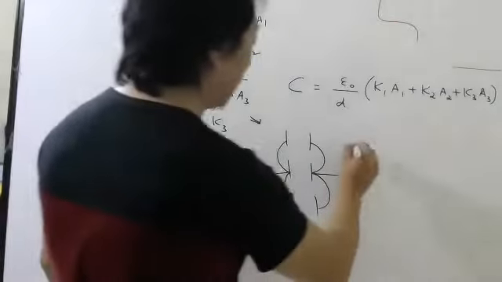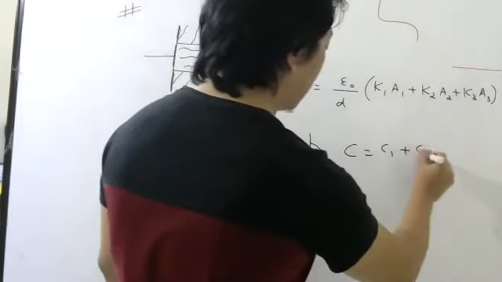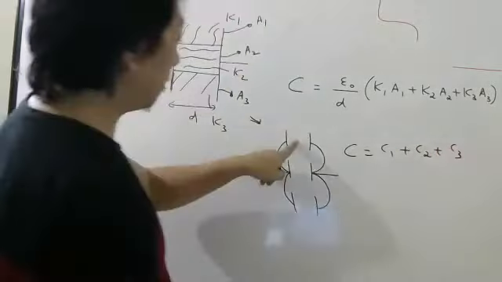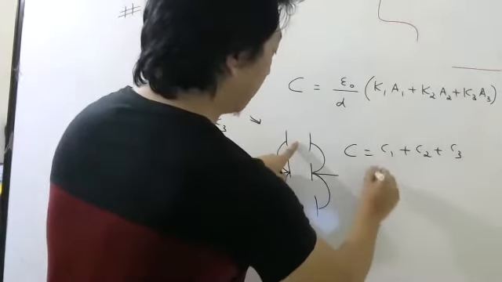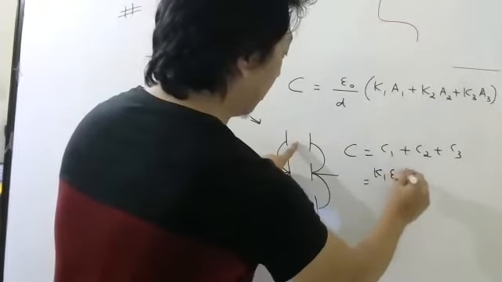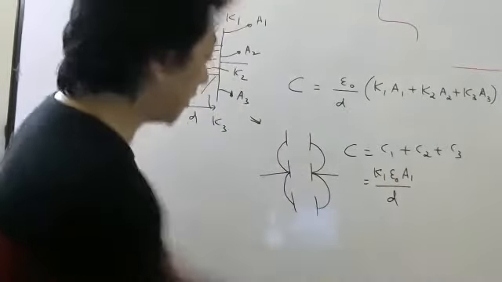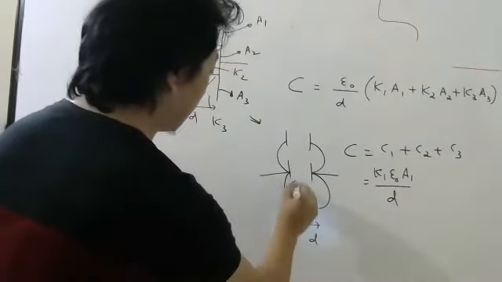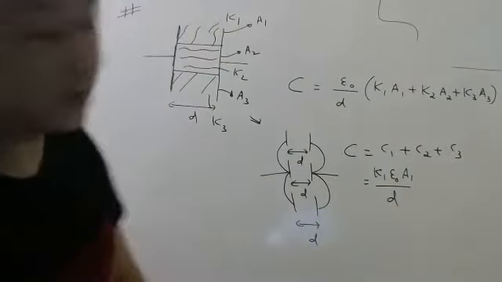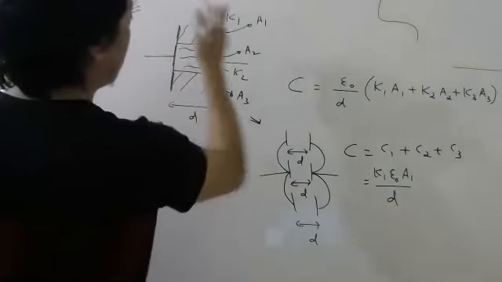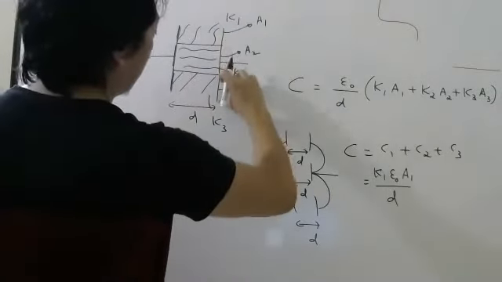Since they are in parallel, the total will be C1 plus C2 plus C3. What will be the capacitance of this? K1 epsilon naught A1 by D. This time D is the same, D is the same, D is the same. Only the area has been divided. So this total area is divided here A1, here A2, here A3.